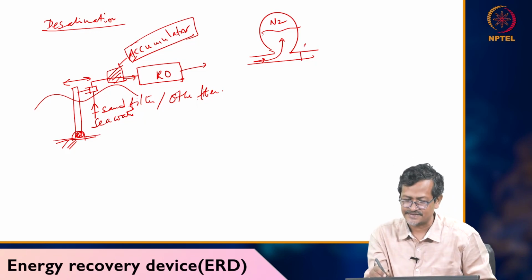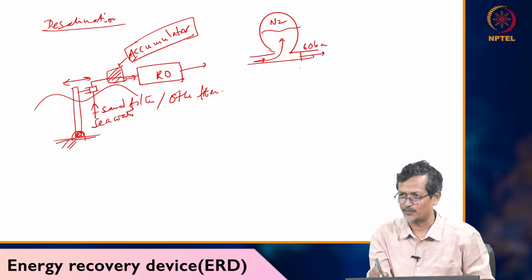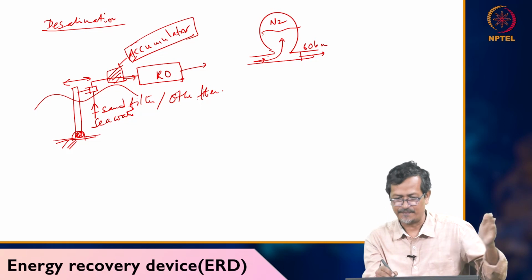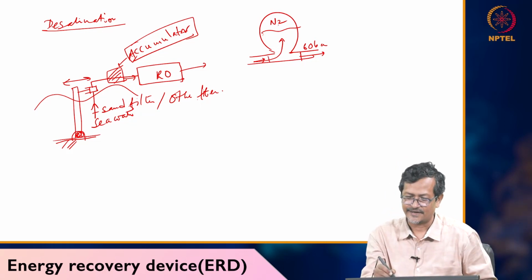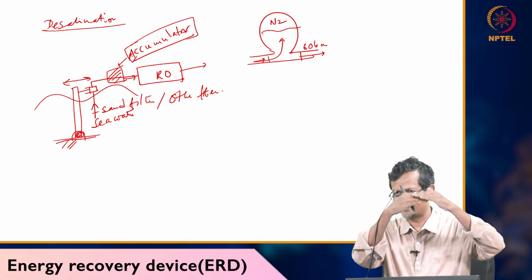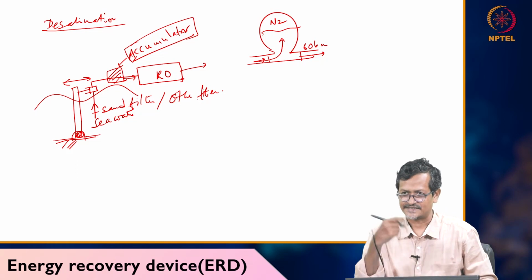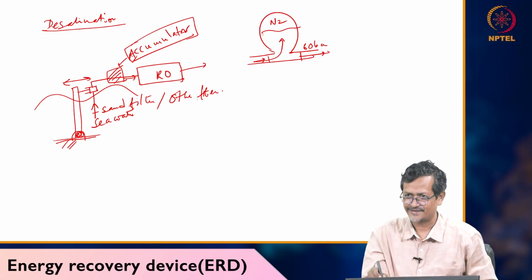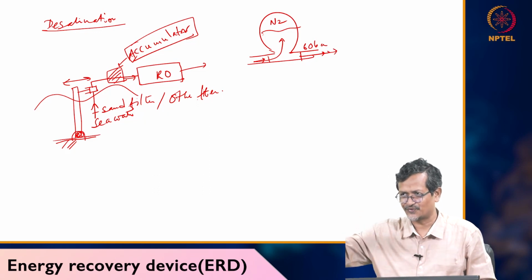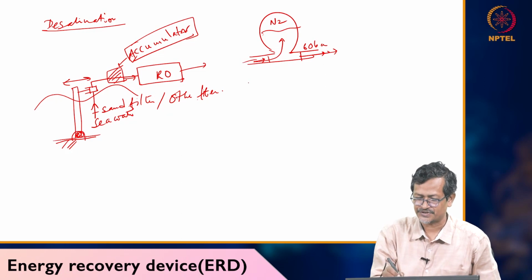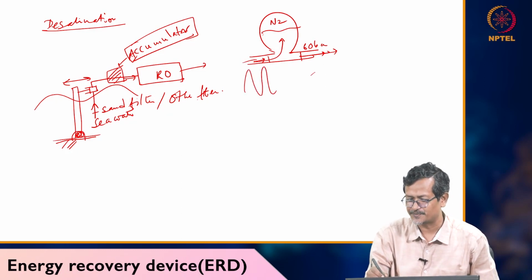When 60 bar pressure is reached, this valve will open. So initially you pump continuously, the nitrogen is compressed, and all the pulses are absorbed. When 60 bar is reached, the valve opens, and our output pressure will be almost smooth, about 60 bar constant. But the input pressure will be like this, and the output pressure will be like this.